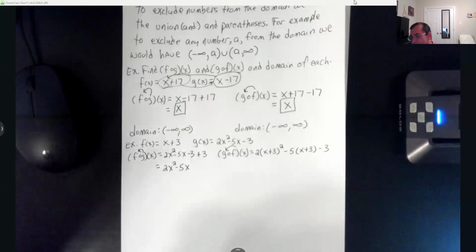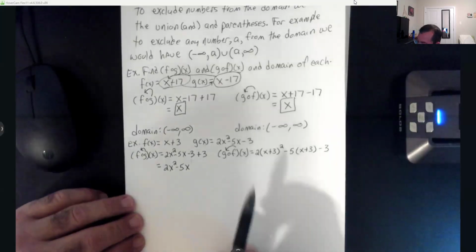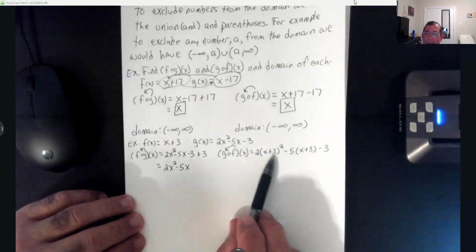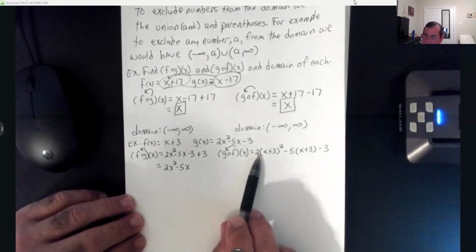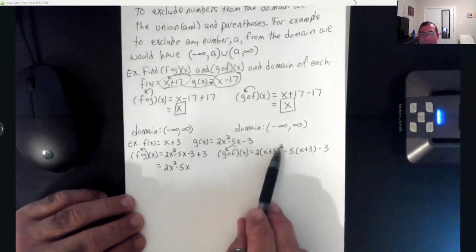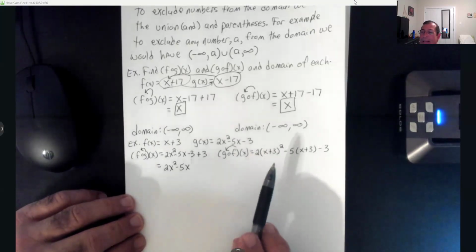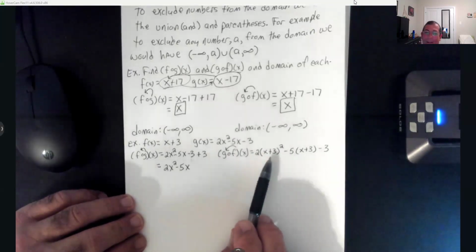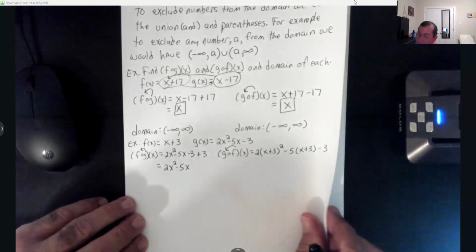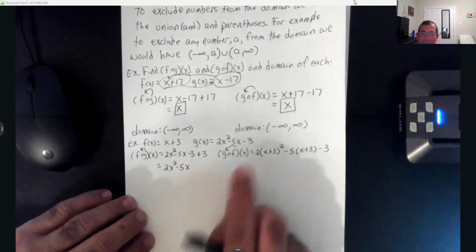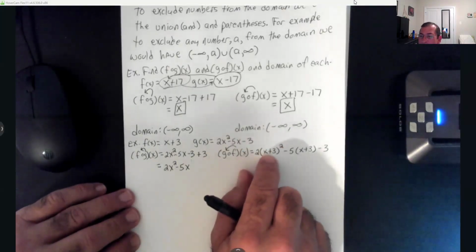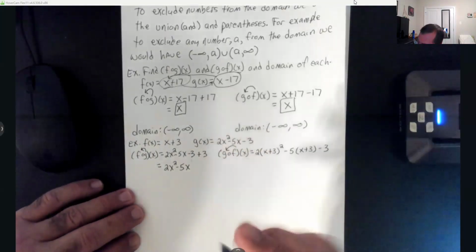Now, y'all ain't gonna lie, the biggest mistake I get on this is people want to distribute that 2. No. Second mistake is people want to distribute the exponent and make that an x squared plus 9. No. So let me go to the side here, because what you got to do is actually FOIL this out, the x plus 3 squared, okay?